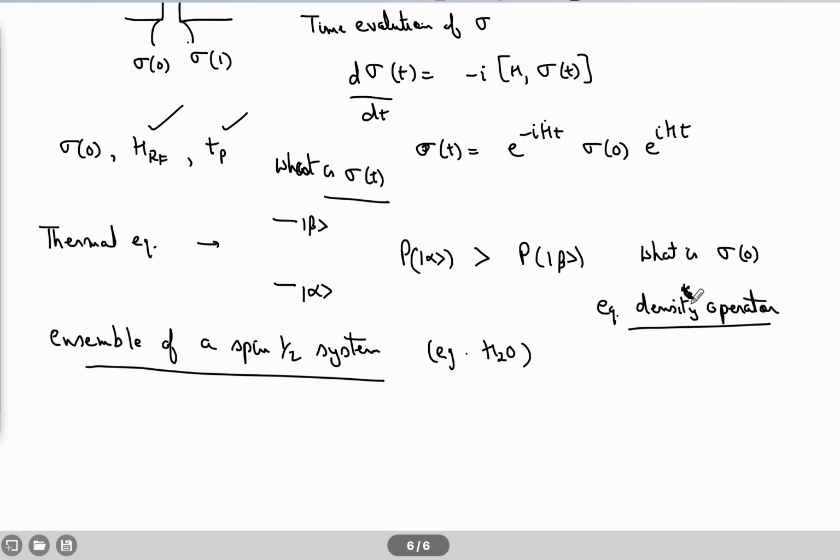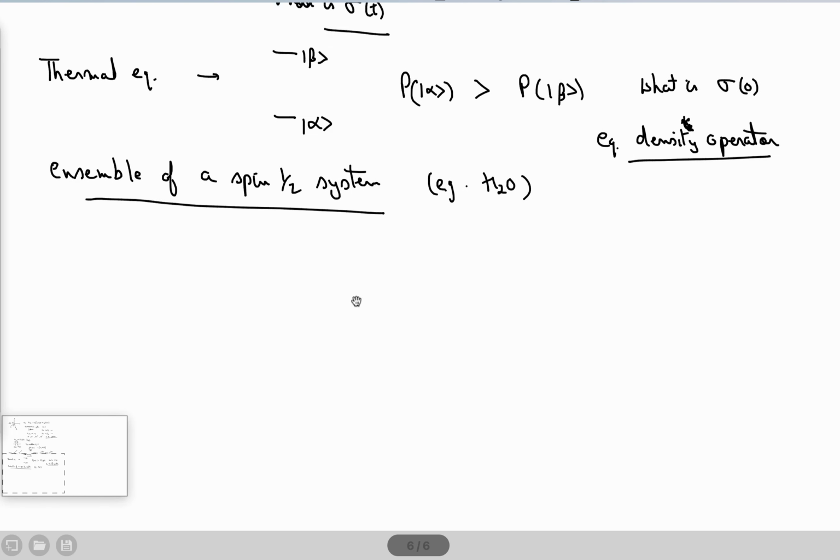Okay, so let us consider that this is our system and now we want to calculate the equilibrium density operator. As I just mentioned, the population in the two stationary states can be given by the Boltzmann distribution. Once the thermal equilibrium has been achieved, the population in the two states will be given by the Boltzmann distribution.